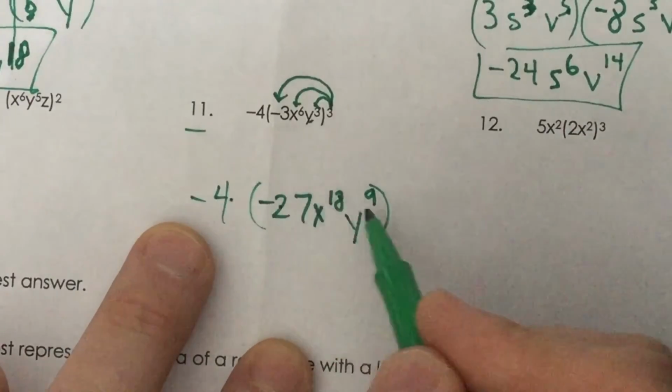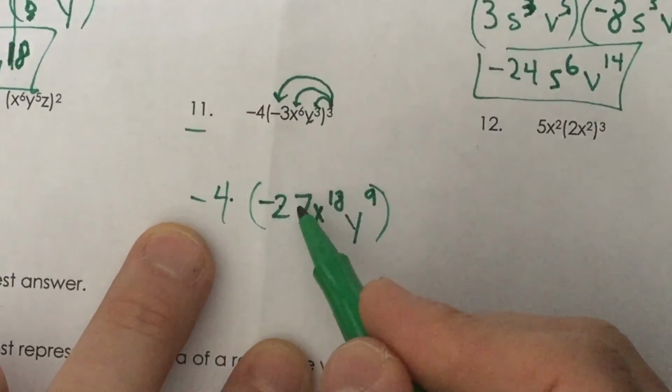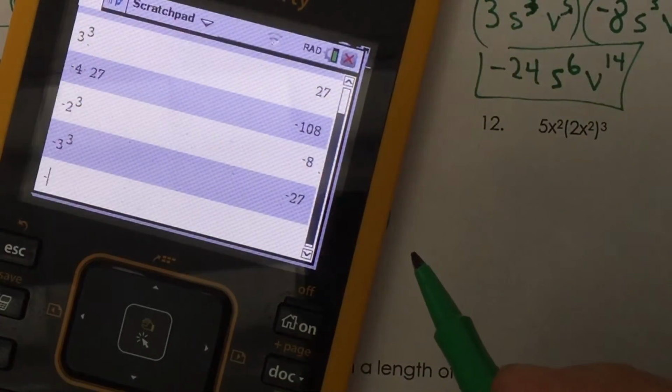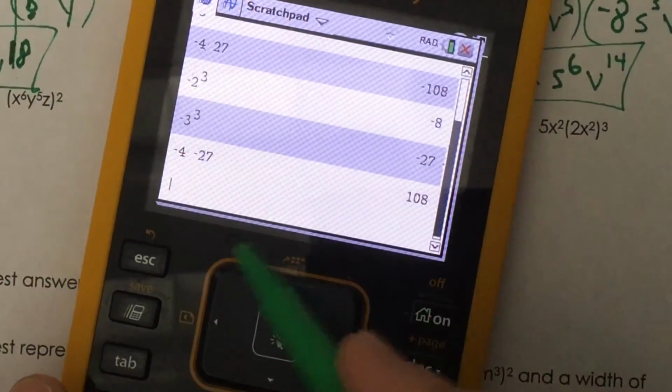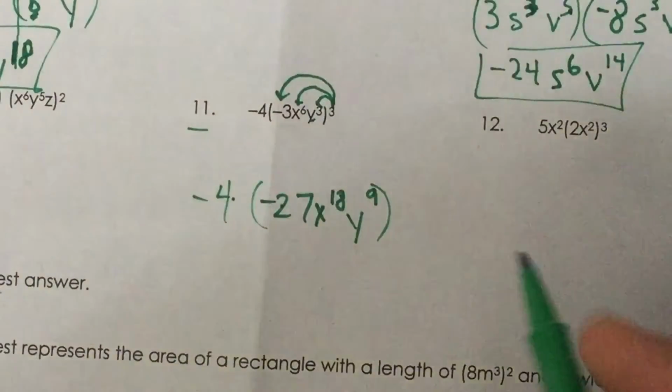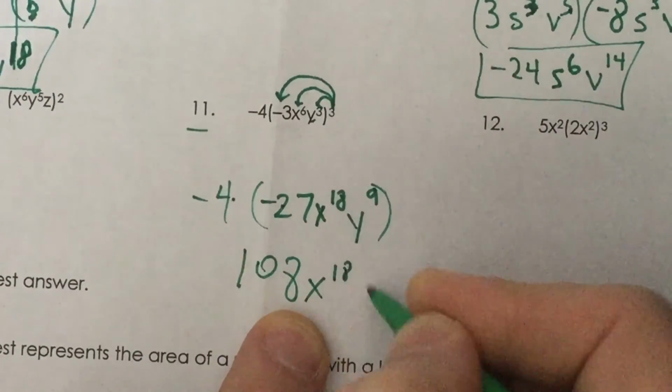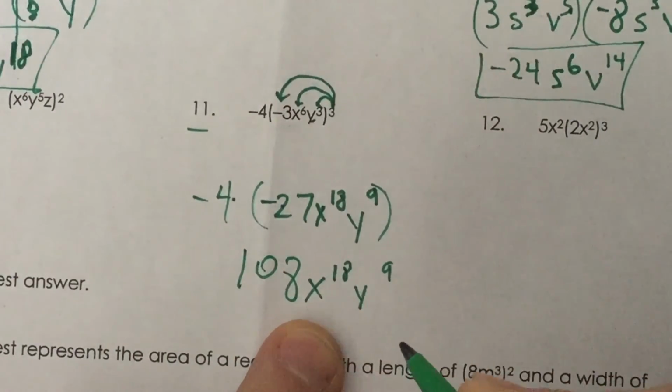This negative 4 doesn't have anything to do with these guys. It multiplies by the 27. So negative 4 times negative 27 gives you positive 108. So I have 108, x to the 18th, y to the 9th.